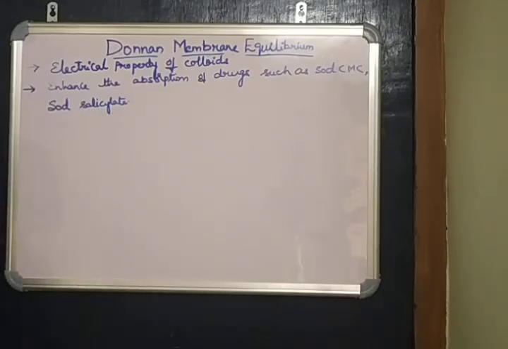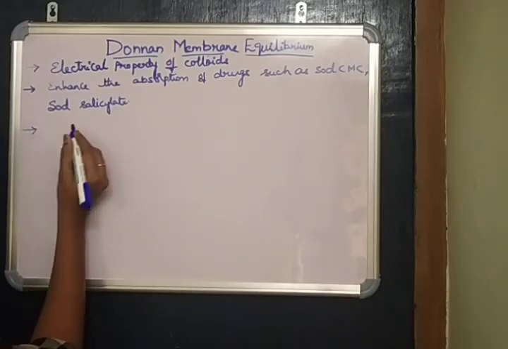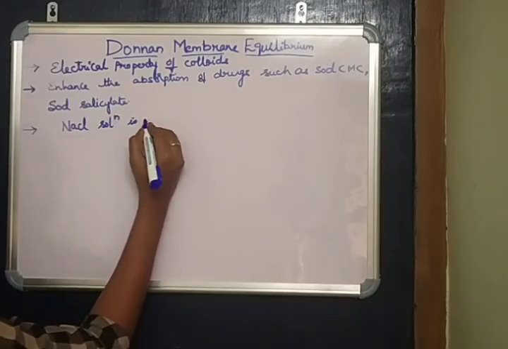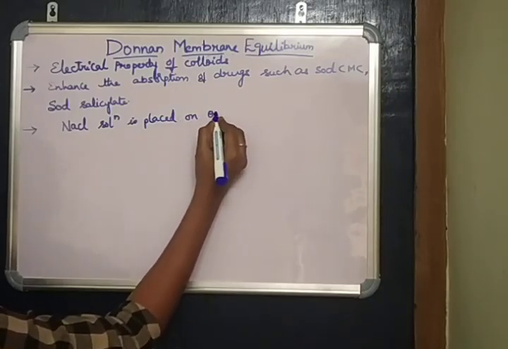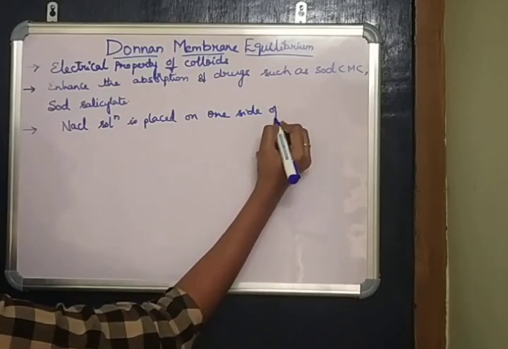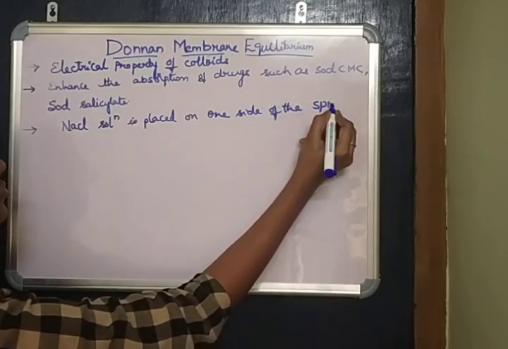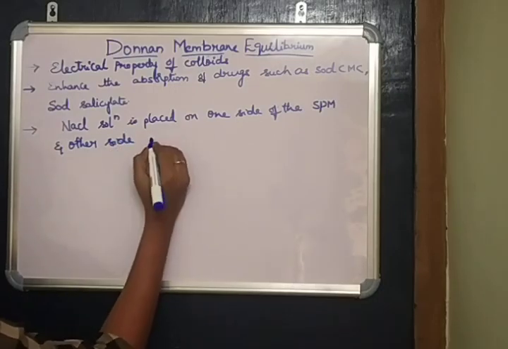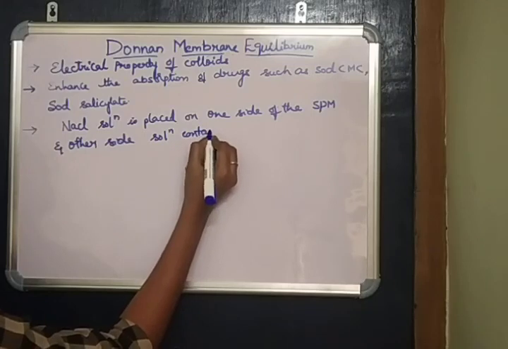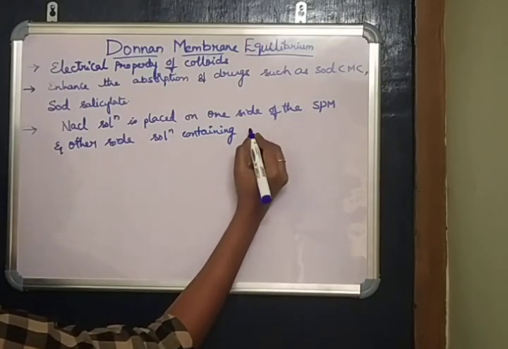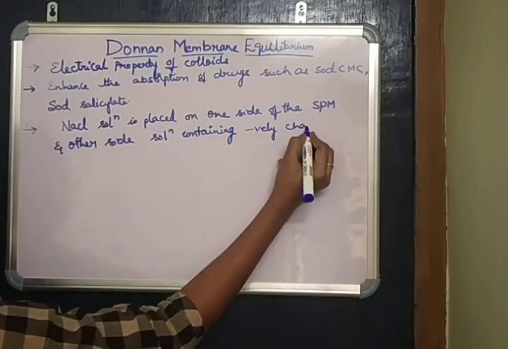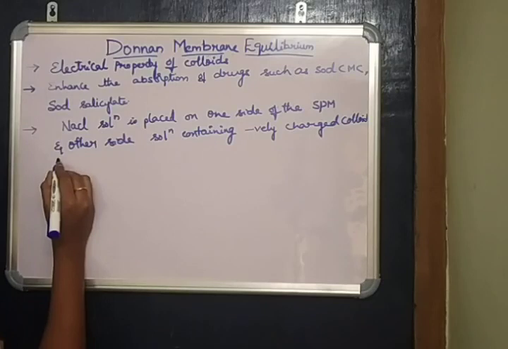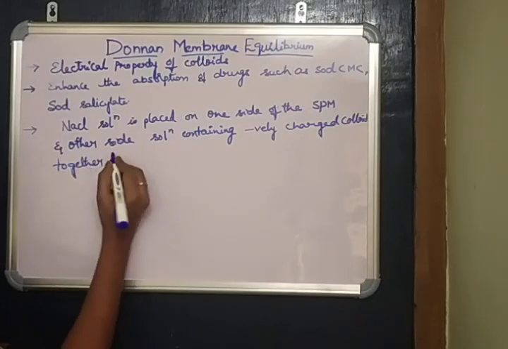For explaining this Donnan membrane equilibrium, we have to take a solution containing electrolyte, that is NaCl solution, placed on one side of the semi-permeable membrane, and on the other side a solution containing negatively charged colloid together with its counter ion.